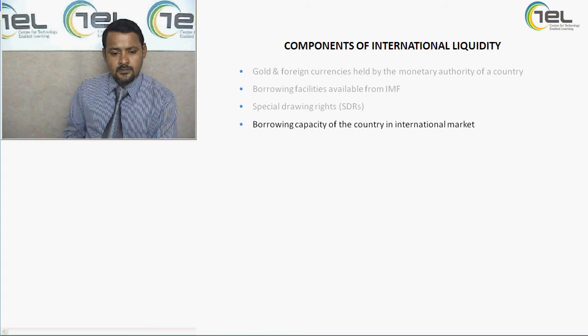If the sovereign rating is good, the policy formulation in the domestic country is good, its GDP growth is good, and industrial production is also expected to be good, then each country can be given a large amount of borrowing capacity in the international market. That will create long-term liquidity in favor of these countries.